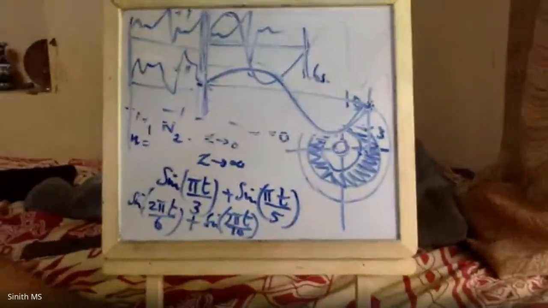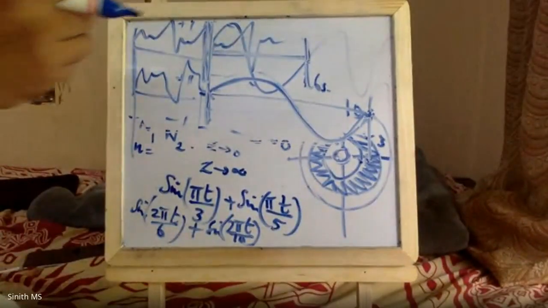Now, we shall see one more signal. Consider a signal sine n pi, which is a discrete time signal. I'll write the sine n pi signal. Sine n pi is something like this.